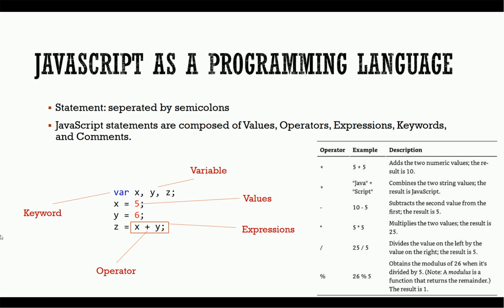The table beside gives more operators provided by JavaScript. So we have all the fundamental basic operators. For example, plus gives a summation of two numeric values. We can also combine two strings using the plus.